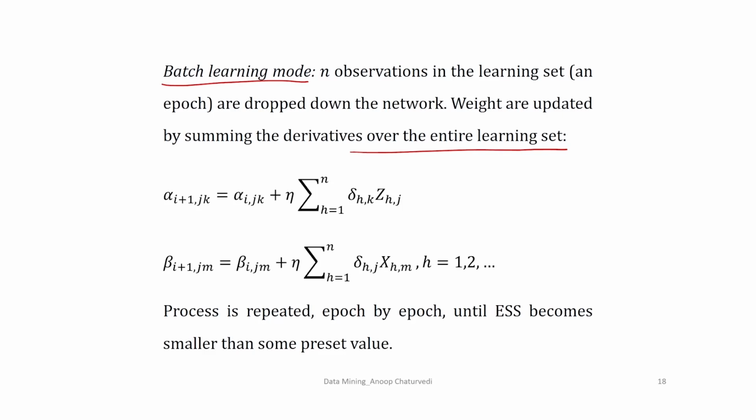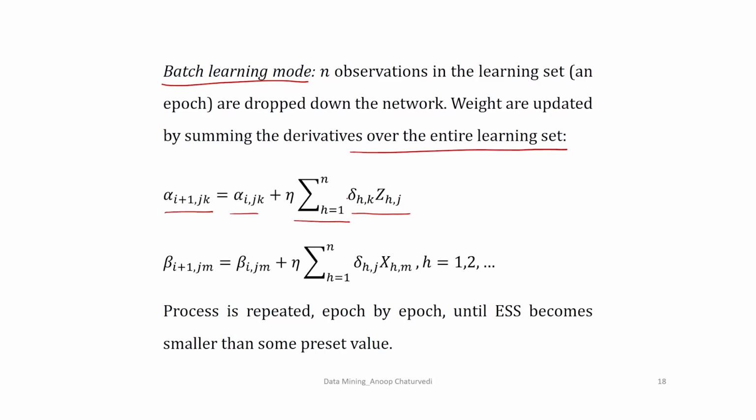So in this case, we are using all the observations available in the learning set at a time, and the weights are updated as alpha i plus 1 jk is equal to alpha i jk plus eta summation over h equal to 1 to n of delta hk z hj.